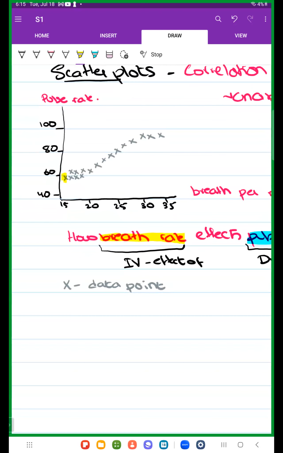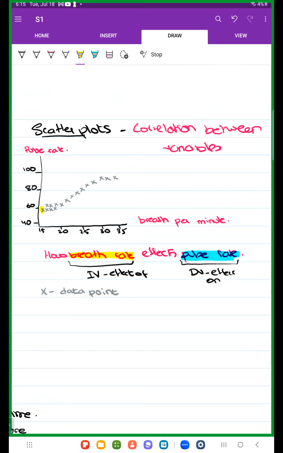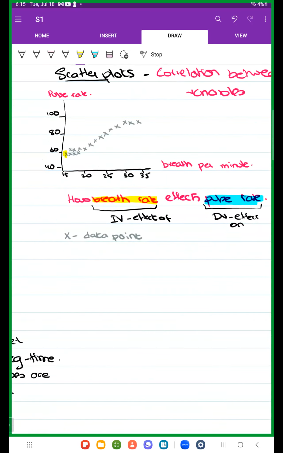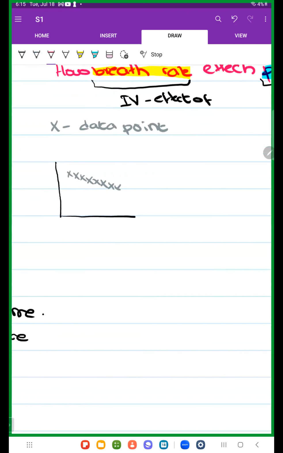Now different scatter plots will give you different correlations. This is what we said before, that scatter plots allow us to look at the correlations between the variables. So let's look at the different scatter plots. The first type is drawn like this. Can you see if it's a positive relationship or a negative relationship?